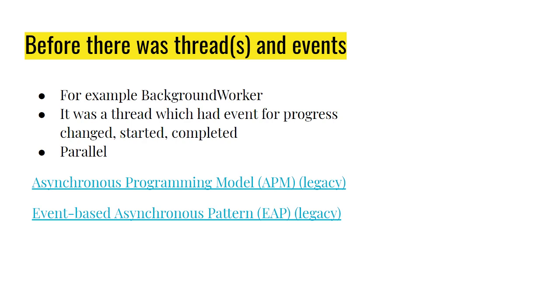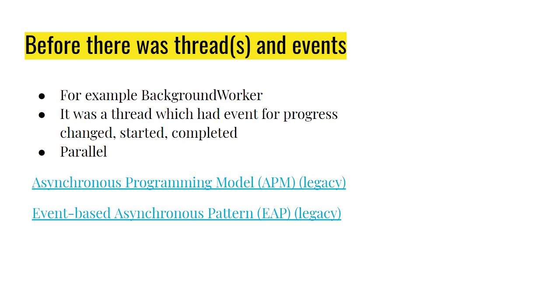So in C#, at the very start, there were threads and events, and multi-threading. Async programming was thread-based. You had threads, and you could utilize threads to do your work.